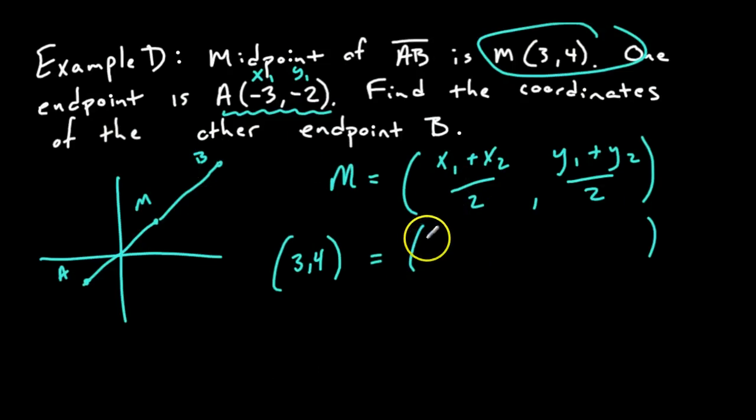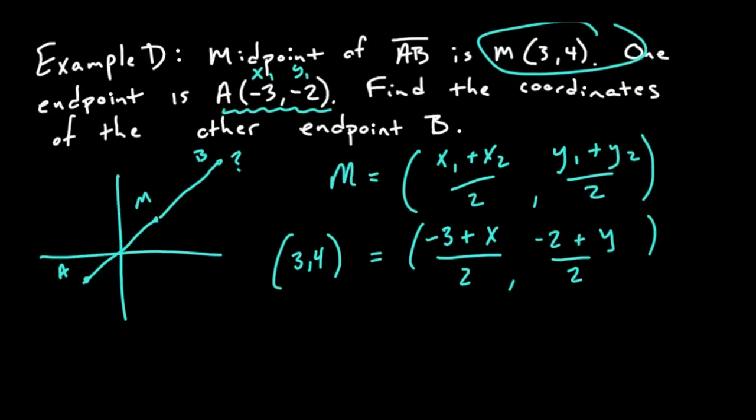So x1 is really going to be negative 3, but x2, we don't know it, so we're just going to leave it as x, all divided by 2. And our y values, our y1, which is from our first endpoint, negative 2, and our y2 comes from our second endpoint, but we don't know it, so we're going to leave it as y, divided by 2.